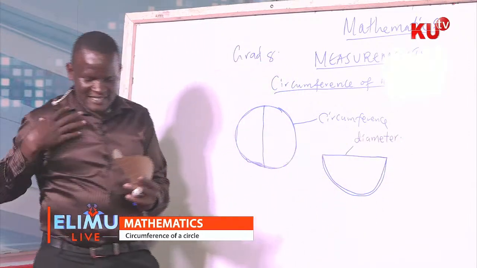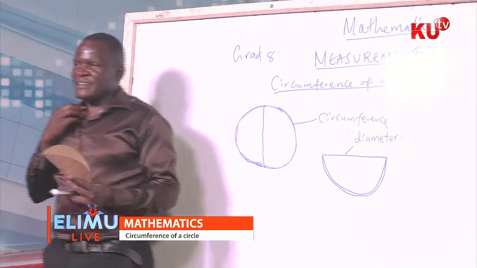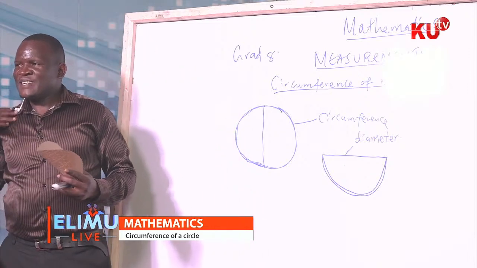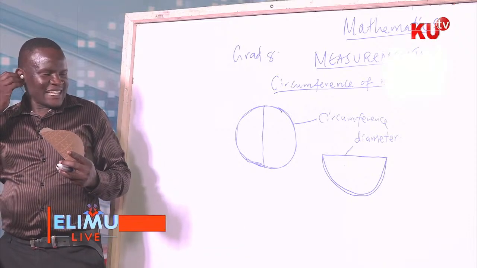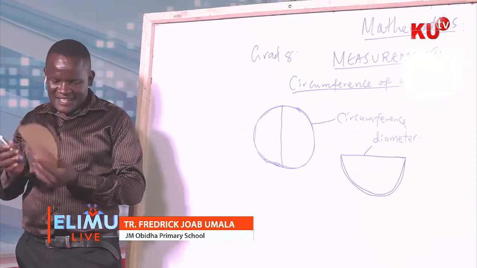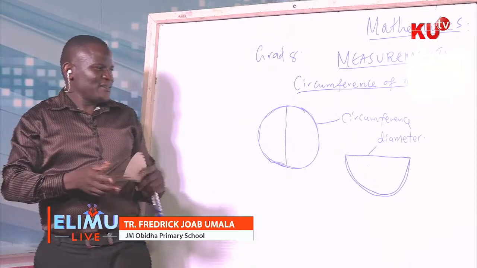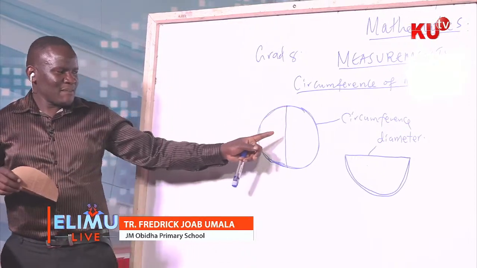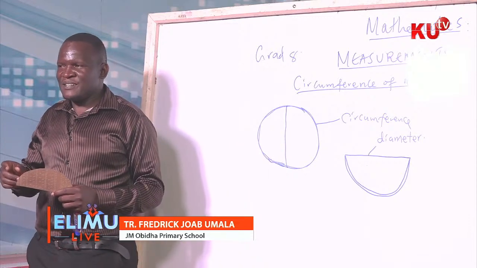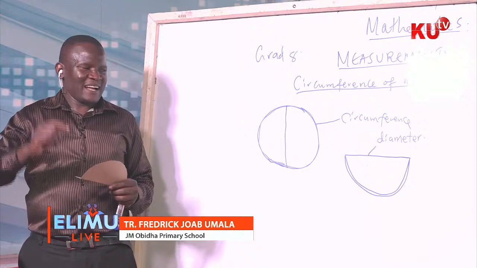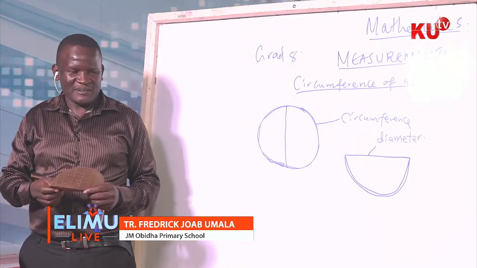That line is known as the diameter. So diameter, therefore, is a line that runs from the circumference passing through the center of the circle to the other arc of the circle.